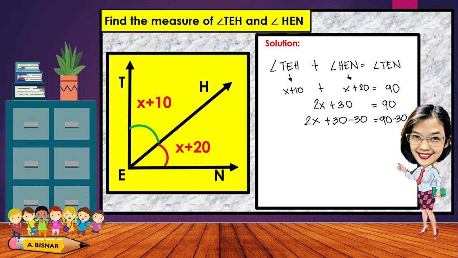So this will be 0. What's left? You only have 2x. 90 minus 30 is equivalent to 60. So we have to divide both sides by 2 so that we can get the value of x. 2 divided by 2 is 1, and 1 times x is x. 60 divided by 2, the answer is 30.